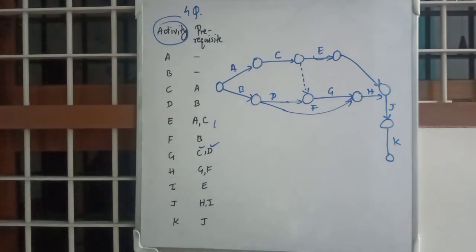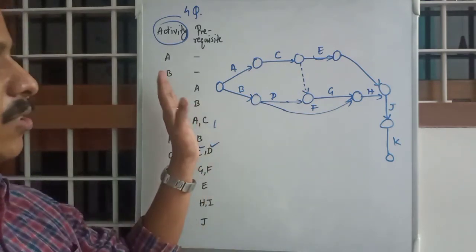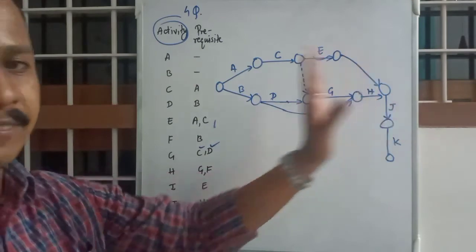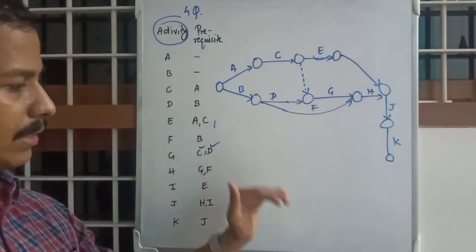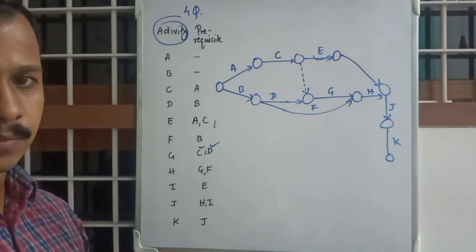Okay, so as I said earlier, you can just draw roughly with your logic constraints, and then you can draw another one with neatness.